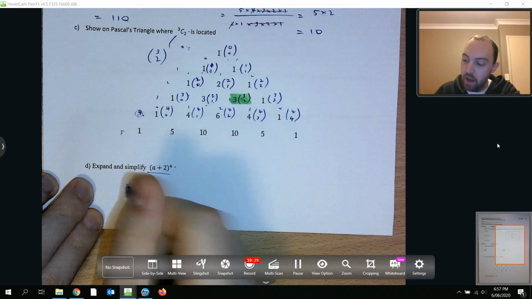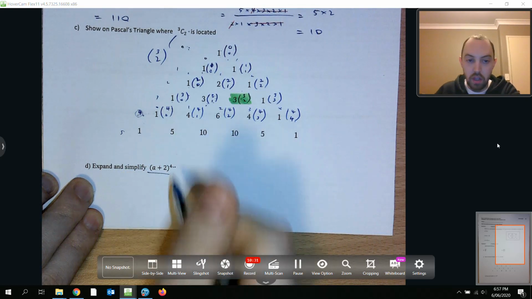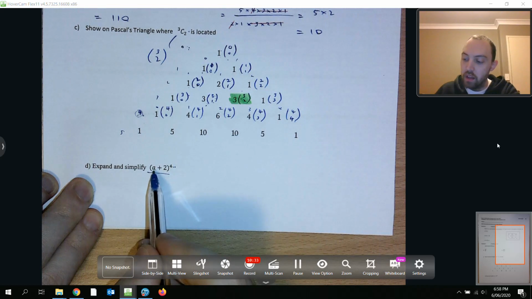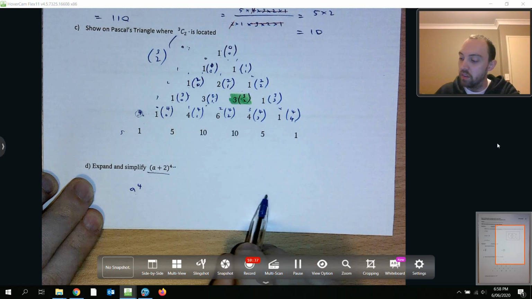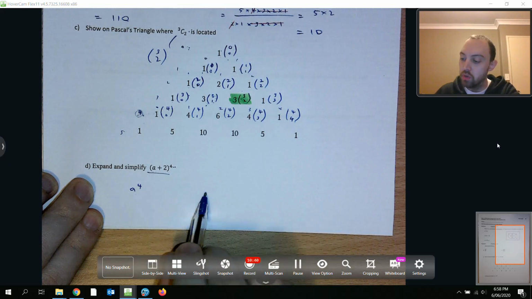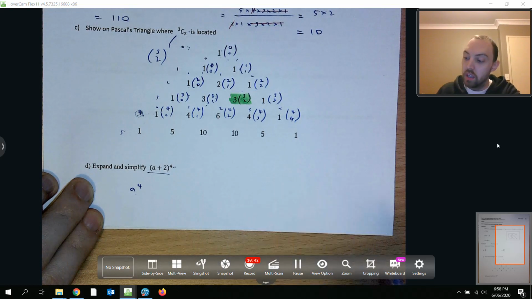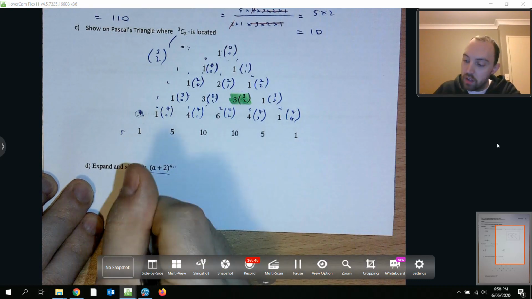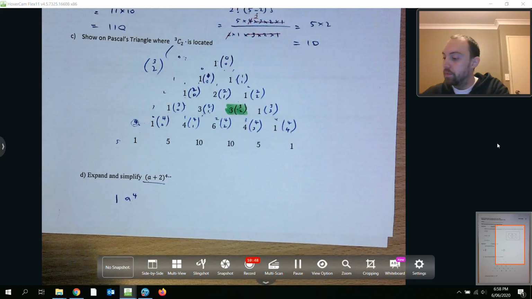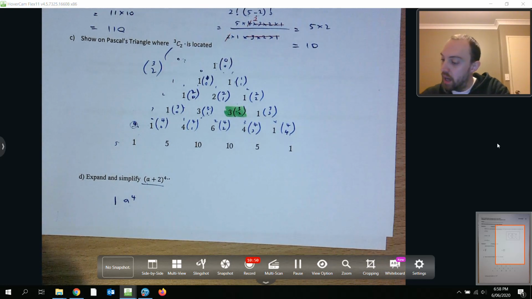It's going to have 5 terms, because it's going to have a to the power of 4, and then decreasing powers until a to the power of 0. 4, 3, 2, 1, 0 gives you 5 terms.